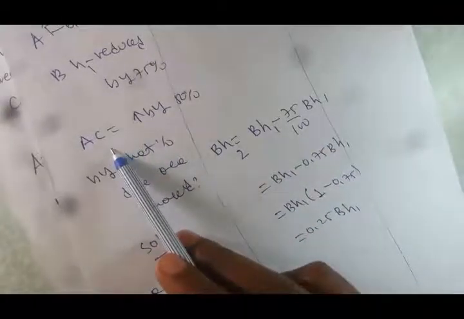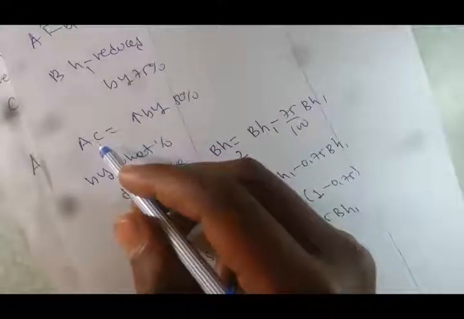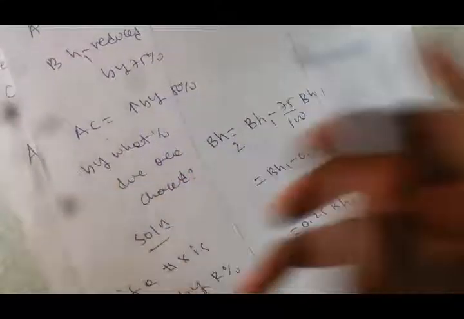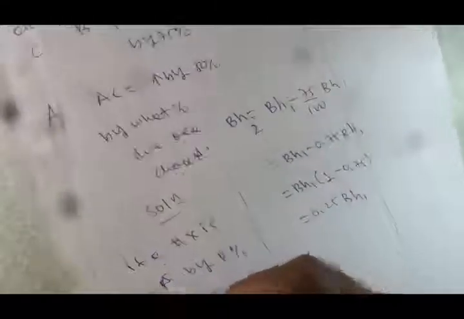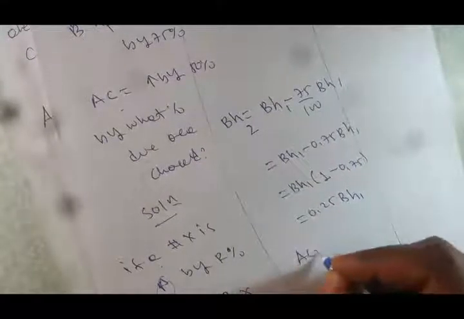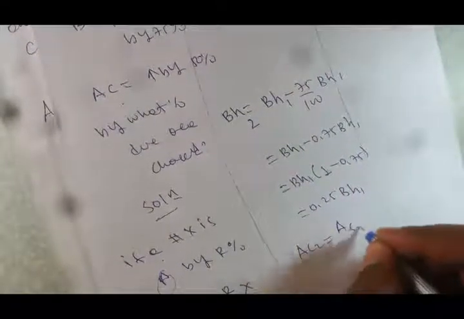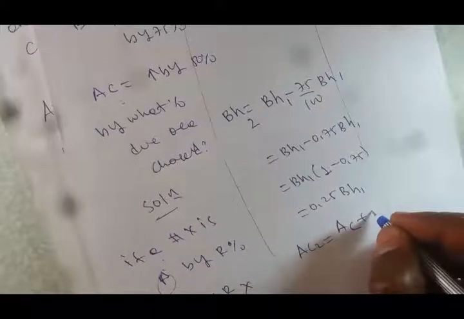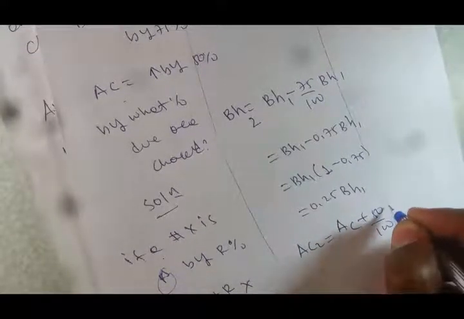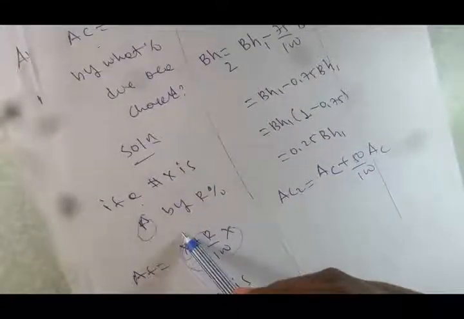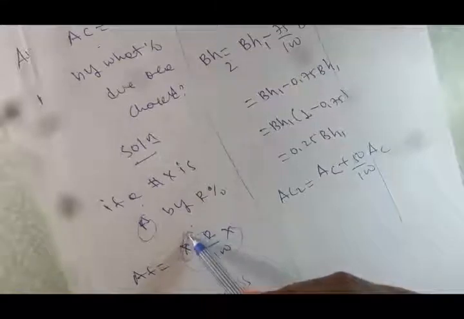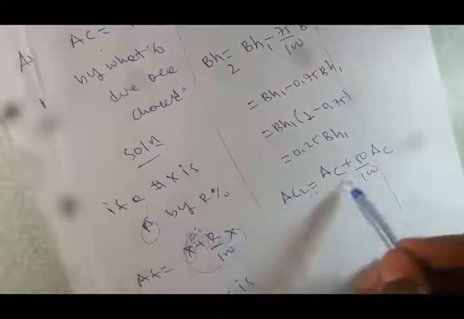And AC is increased by 50%. That means AC2 is equal to AC plus 50 over 100 of AC, because if a number is increased by R%, this is the formula. In our case, R is 50%.